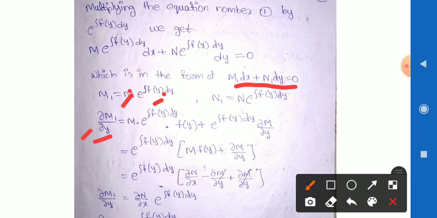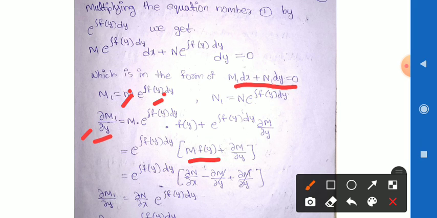By doing partial differentiation with u and v, we get M × e^(∫f(I)dy) × f(I) + e^(∫f(I)dy) × ∂M/∂y. Taking e^(∫f(I)dy) as common, we get M × f(I) + ∂M/∂y.